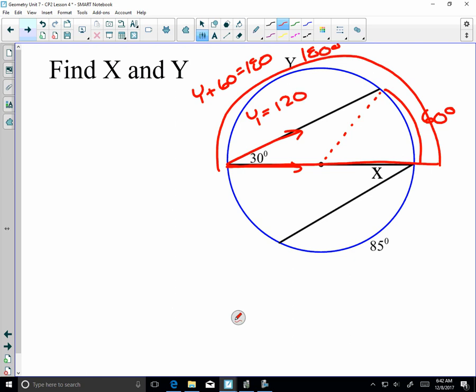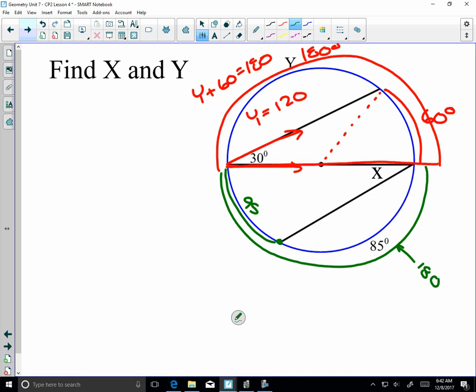Okay, now down below we have a very similar situation, but we're going to work this backwards. We know that the full arc is 180. We have 85 of it already to this point, so it means that the arc that we have left is 95.